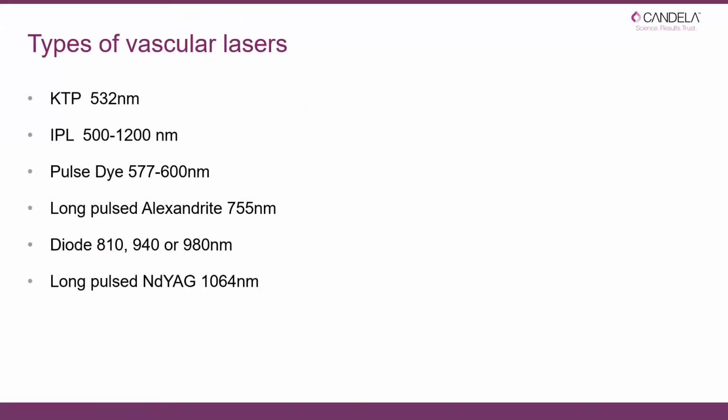This is one of the shortest wavelengths that is generally used in vascular treatments. And because it's a short wavelength, its depth of penetration into the tissue is quite shallow.